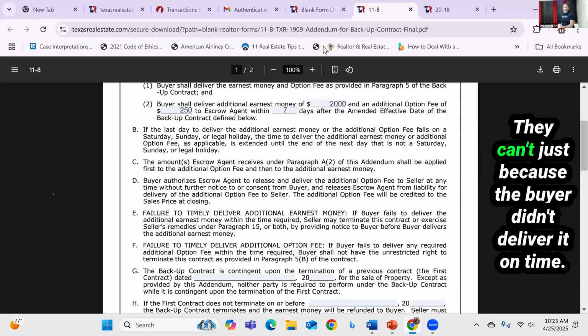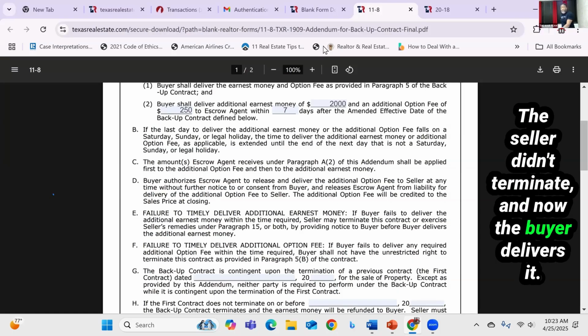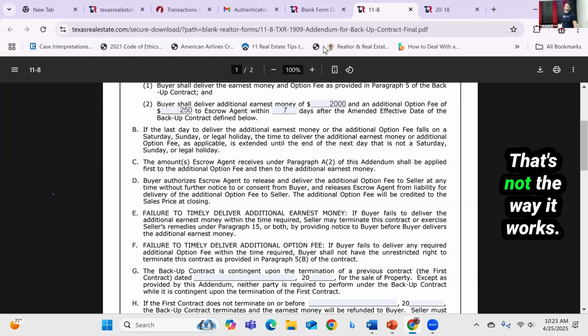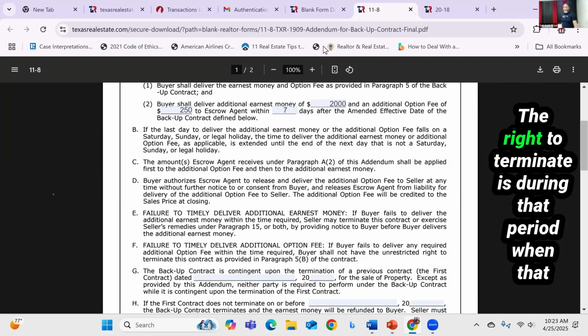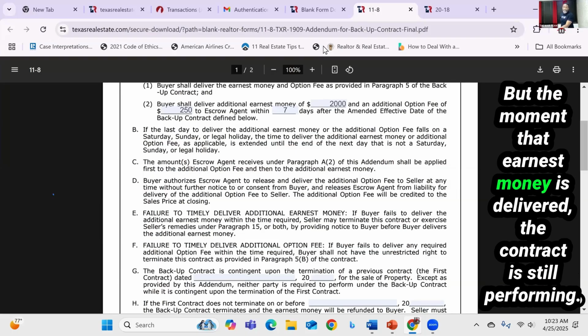Just because the buyer didn't deliver it on time, and the seller didn't terminate, and now the buyer delivers it, the seller can't say, okay, I have the right to terminate. That's not the way it works. The right to terminate is during the period when that earnest money hasn't been delivered on time. But the moment that earnest money is delivered, the contract is still performing.